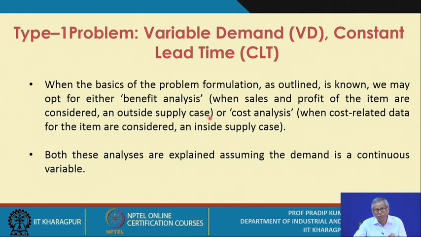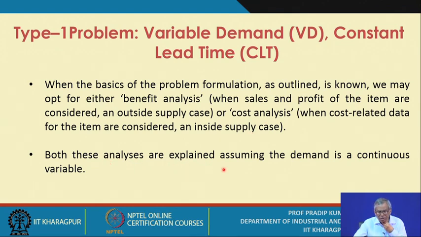At this point I have already mentioned, or you may opt for cost analysis, when cost related data for the item are considered, and inside supply case. As we have been repeatedly mentioning, in any inventory control problem, either it is an outside supply case or an inside supply case. If it is an outside supply case, you go for benefit analysis. If it is an inside supply case, you go for cost analysis.